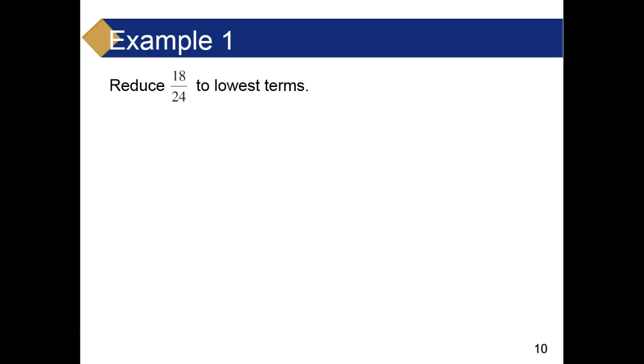How did you do that? You're right. Yeah, you notice these both are divisible by 6. This is 3 times 6 over 4 times 6. 6 over 6 is 1. That's 3/4. Isn't it? Good deal.